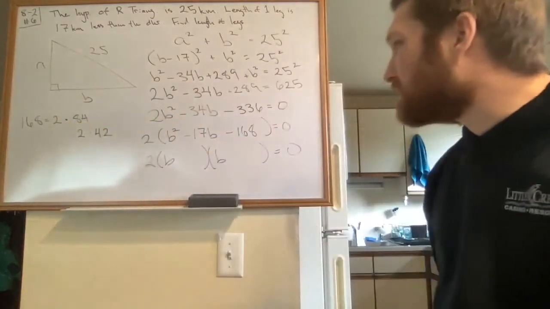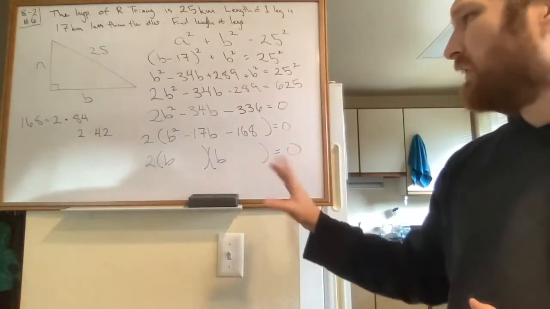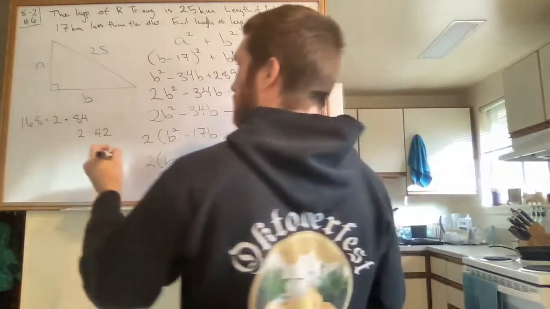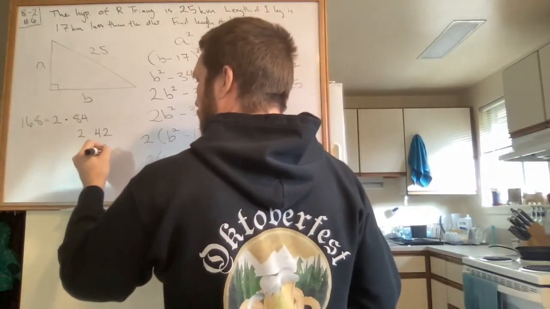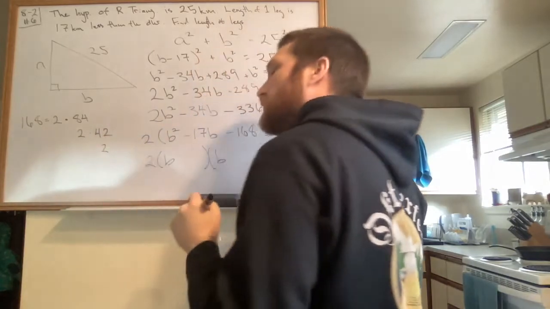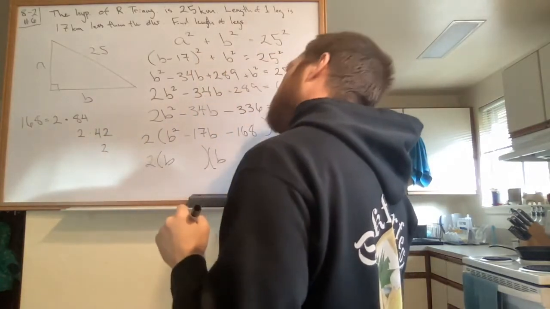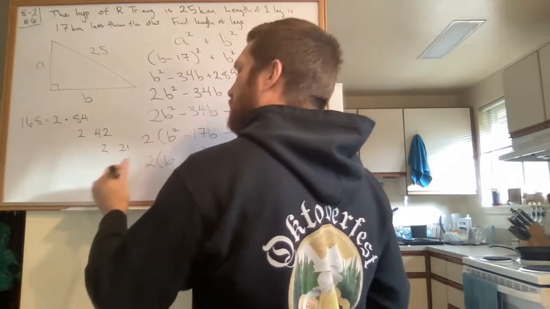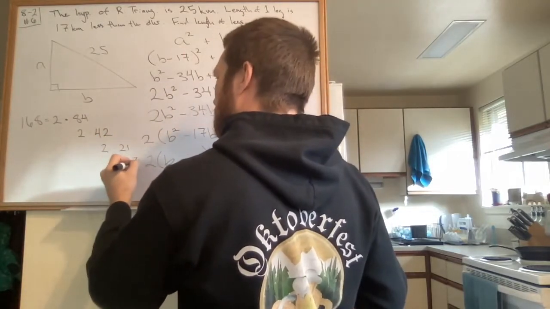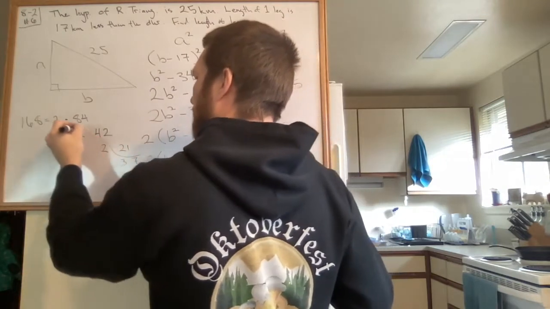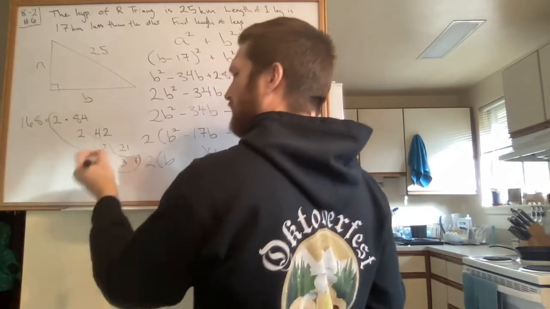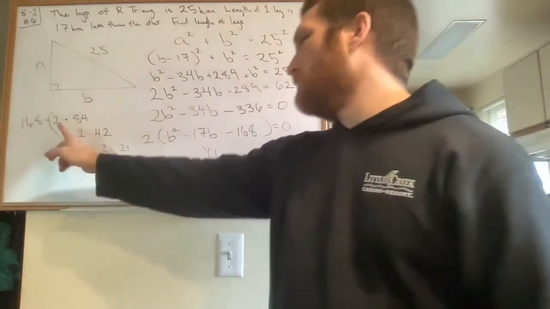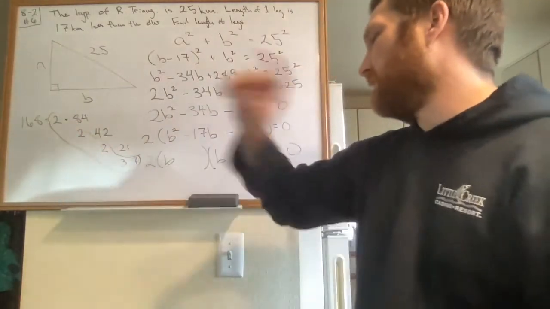See anything that's going to work yet? No, probably not. So let's do another 2. Maybe that'll work. 42 is 2 times 21, I think. And 21 is 3 times 7. So here's the factored form of 168 right there. 168 should be 2 times 2 times 2 times 3 times 7.